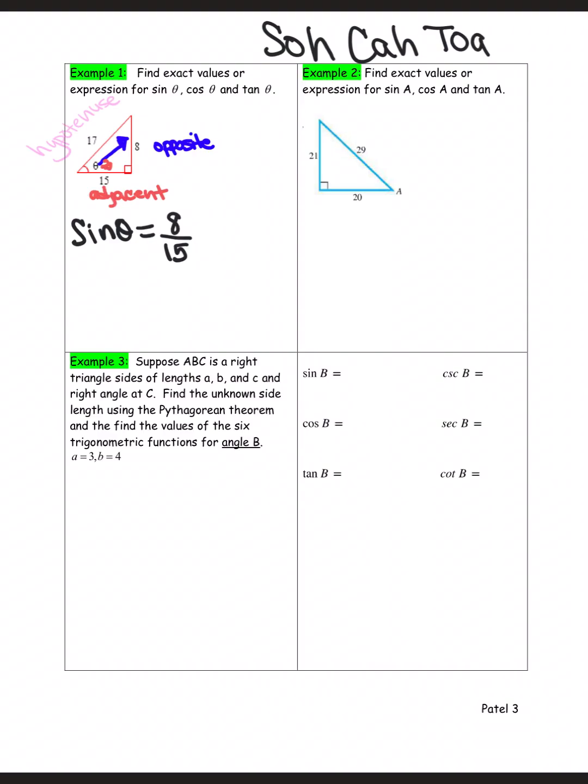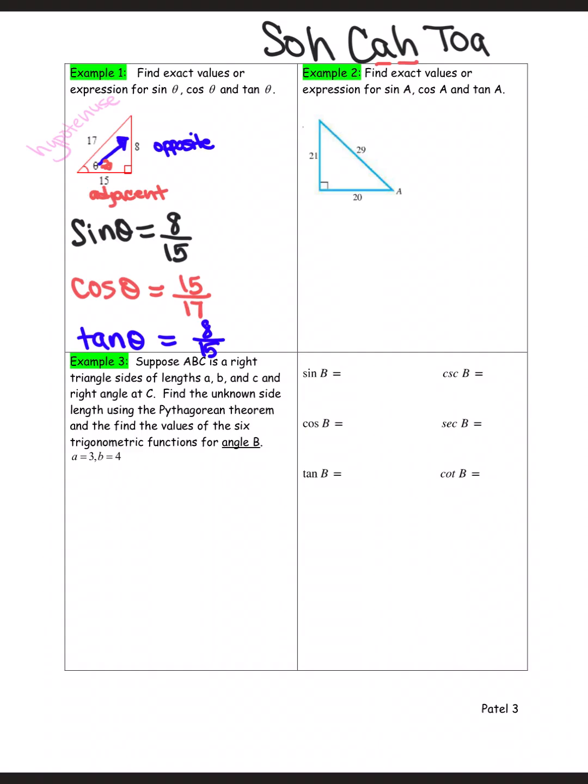Cosine of theta is adjacent over hypotenuse. So adjacent to theta is 15, and my hypotenuse is 17. And tan of theta: opposite to angle theta is 8, and adjacent to angle theta is 15. So my ratio would be 8 over 15.